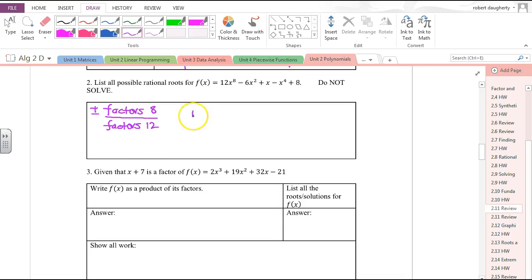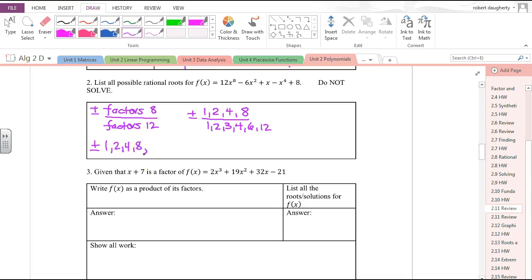So that is going to be plus or minus 1, 2, 4, 8 divided by 1, 2, 3, 4, 6, and 12. So this is going to be a pretty long list. Let's look at every number in the numerator divided by 1. So 1, 2, 4, and 8.